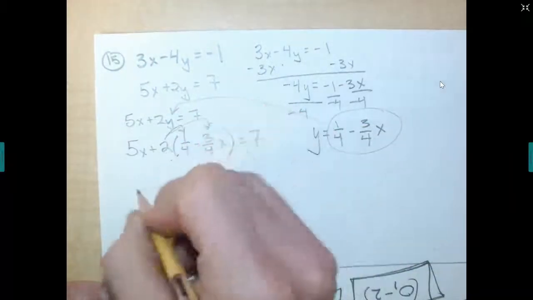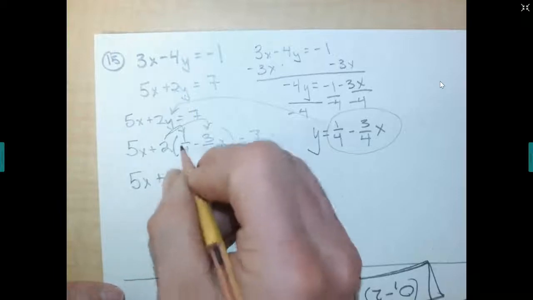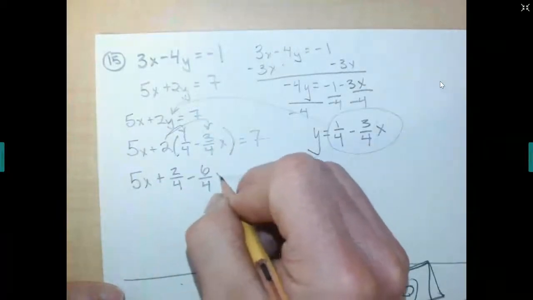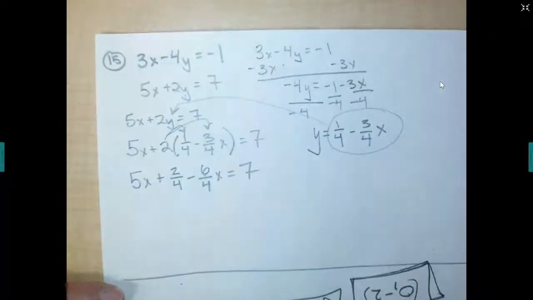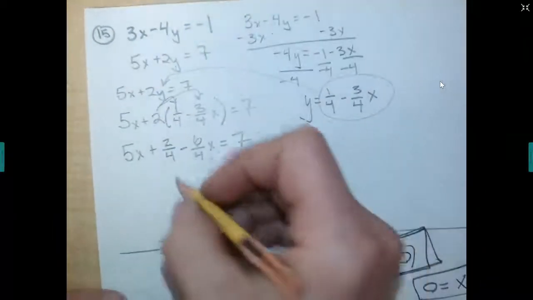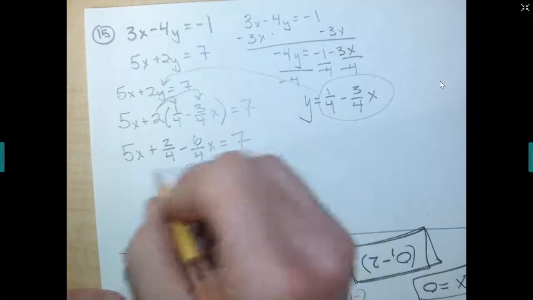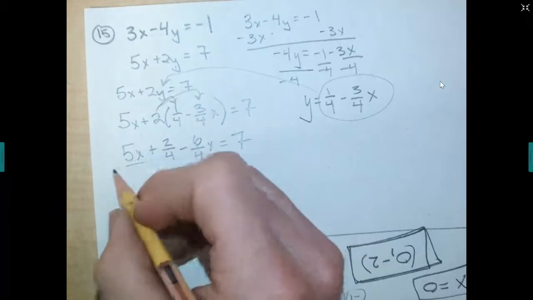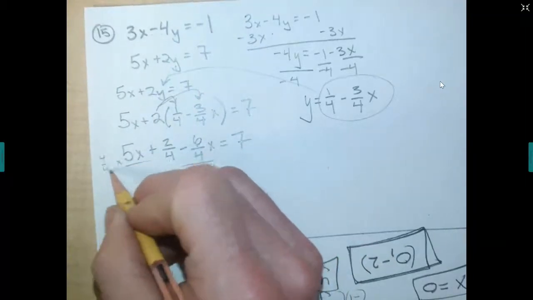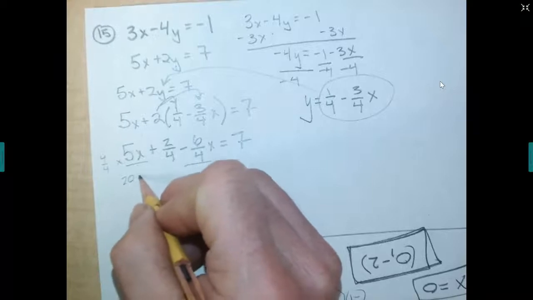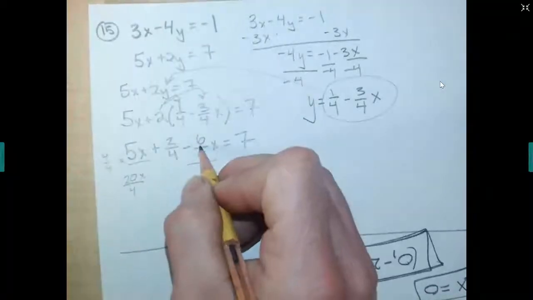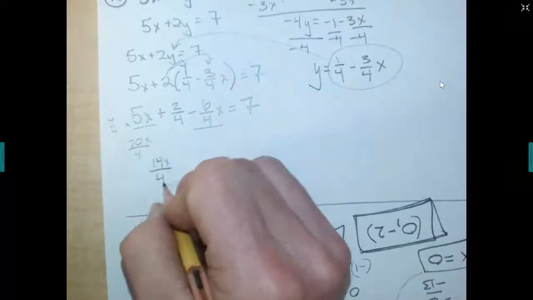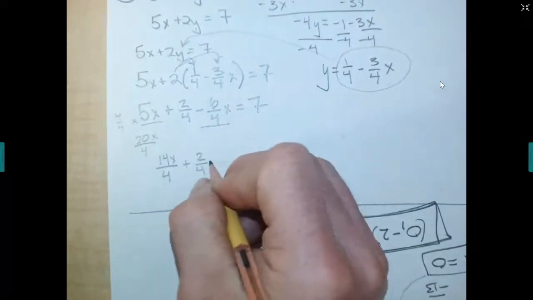Distribute. 5x plus 2/4 minus 6/4 x equals 7. Combine our like terms. We have our like terms right here. So I'm going to multiply this by 4 over 4. So I get 20x over 4 minus the 6x over 4. So I get 14x over 4 plus 2/4 equals 7.